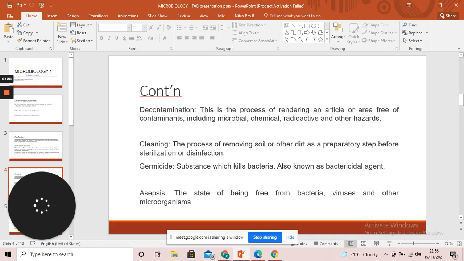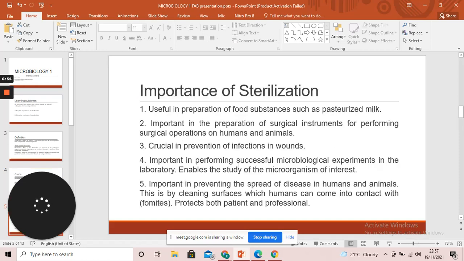Another term is bacteriostatic agent. These are agents or substances which do not necessarily kill the bacteria, but just stop or slow its growth. Asepsis is the state of being free from bacteria, viruses, and other microorganisms.